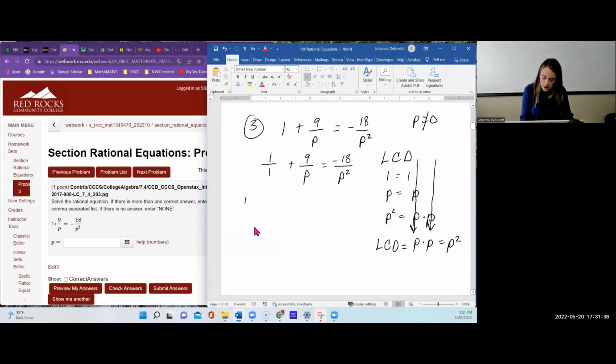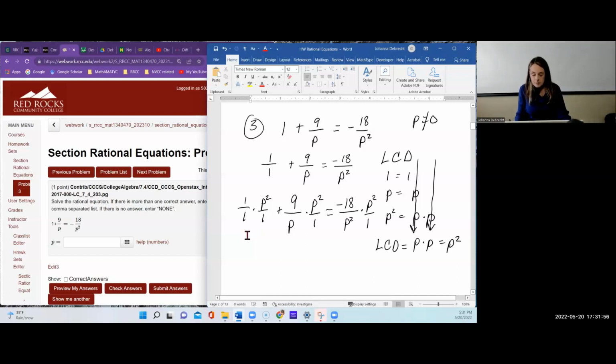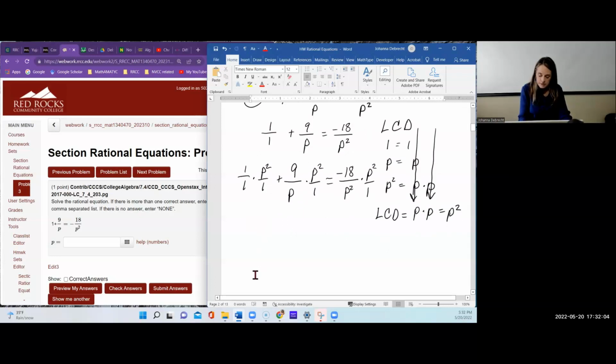Now we take the 1 over 1 and we multiply by p squared over 1 plus 9 divided by p times p squared over 1 equals negative 18 divided by p squared times p squared divided by 1. Now we can simplify. 1 times p squared is p squared, and when it's divided by 1, I might as well just write p squared.